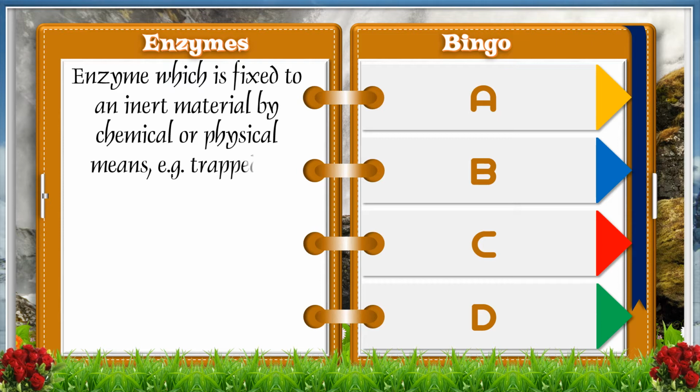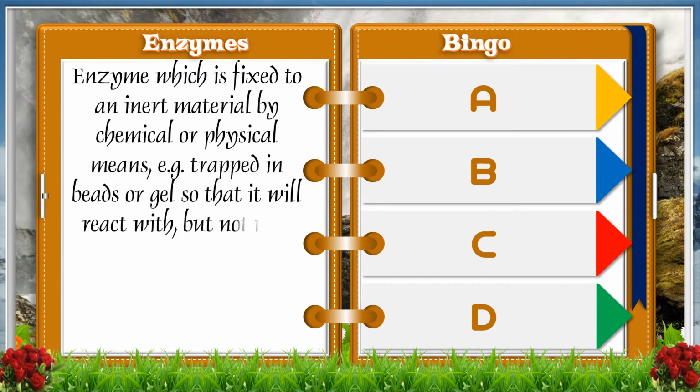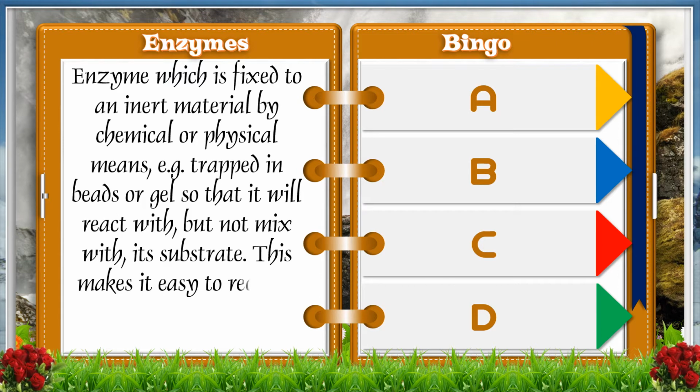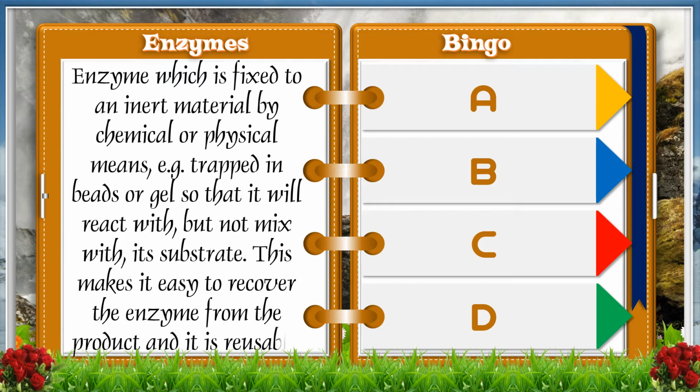Enzyme which is fixed to an inert material by chemical or physical means, e.g., trapped in beads or gel, so that it will react with but not mix with its substrate. This makes it easy to recover the enzyme from the product, and it is reusable.